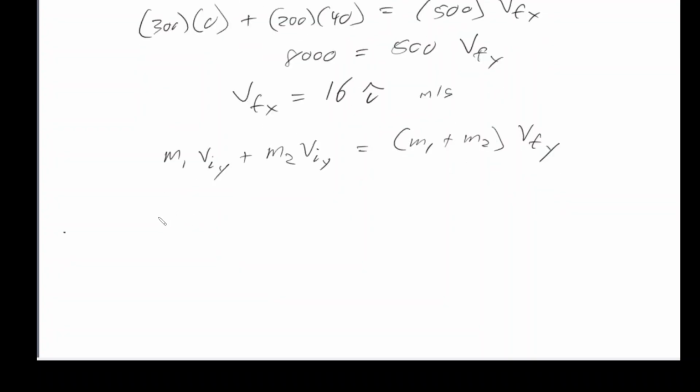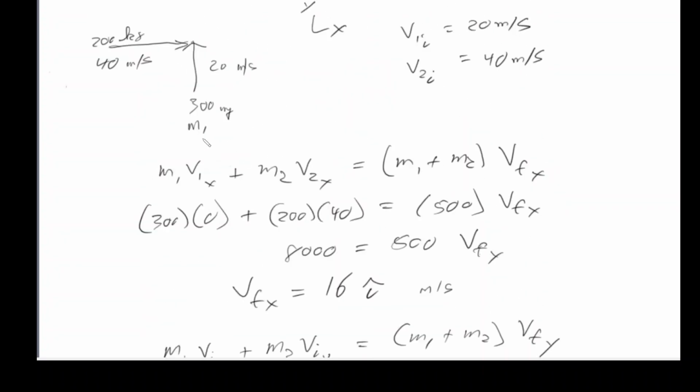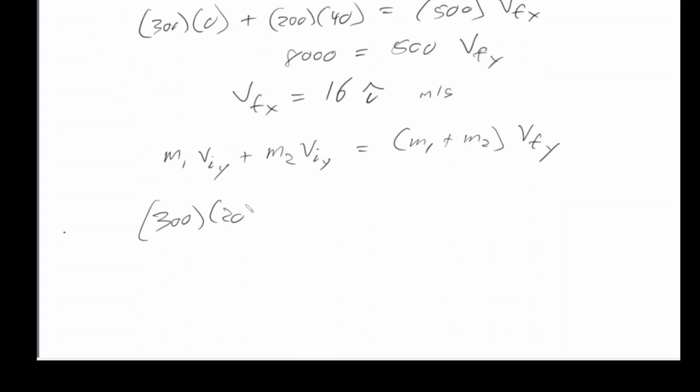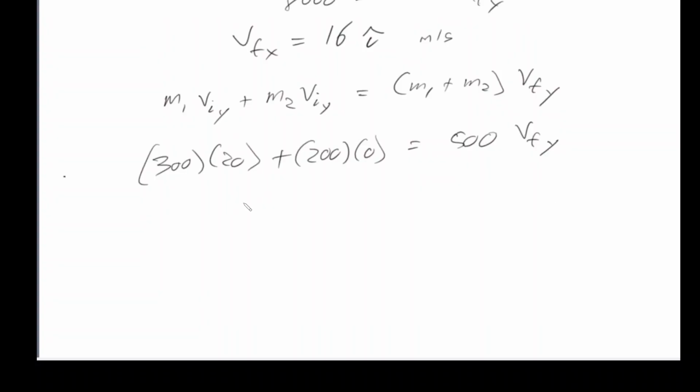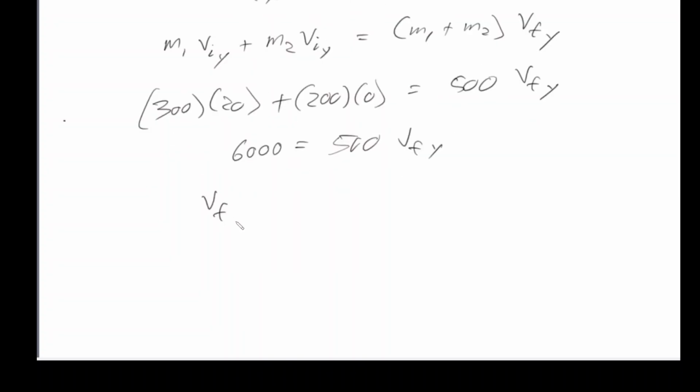So in this case, mass 1 is 300 kilograms, and it was moving in the y direction at 20 meters per second, plus mass 2, which was 200 kilograms, times 0, because it was not moving at all in the y direction. That is equal to 500 times v final y, or 6,000 is equal to 500 v final y, or the final velocity in the y direction is equal to 12 meters per second.